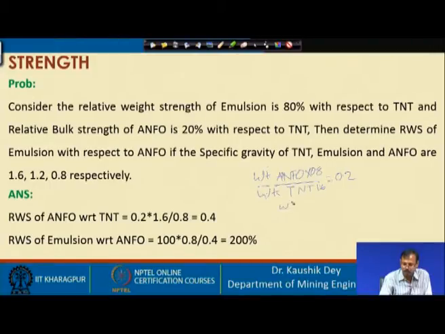So, the strength obtained from the same weight of ANFO over the strength obtained from the same weight of TNT is equal to 0.2 into 1.6 divided by 0.8, which comes to 0.4.